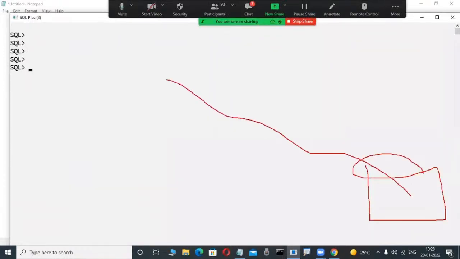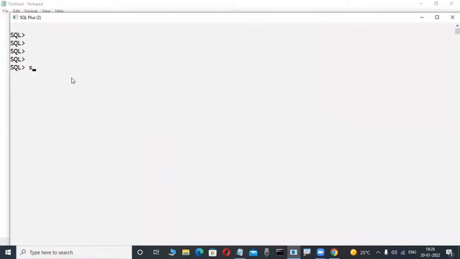How do they fetch this data? They write queries. Select star from table name where hire date is less than or equal to 1st January 1981, something like this.